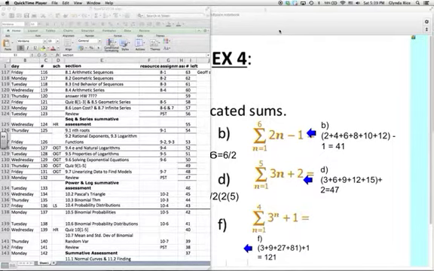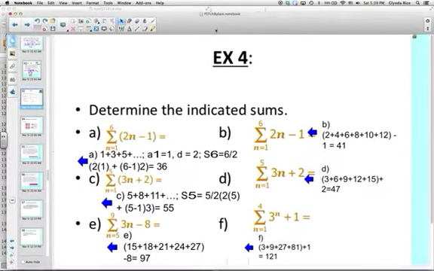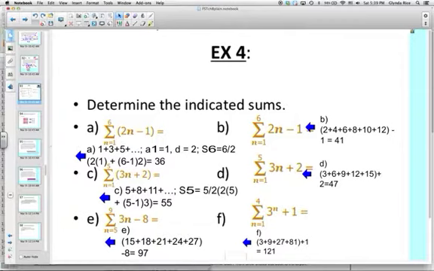So here is example 4 from, I believe, 8.4, arithmetic series. A series is the sum of the terms in a sequence. This is a lesson that Jeff taught while I was gone to the board office. I put the solutions up here.